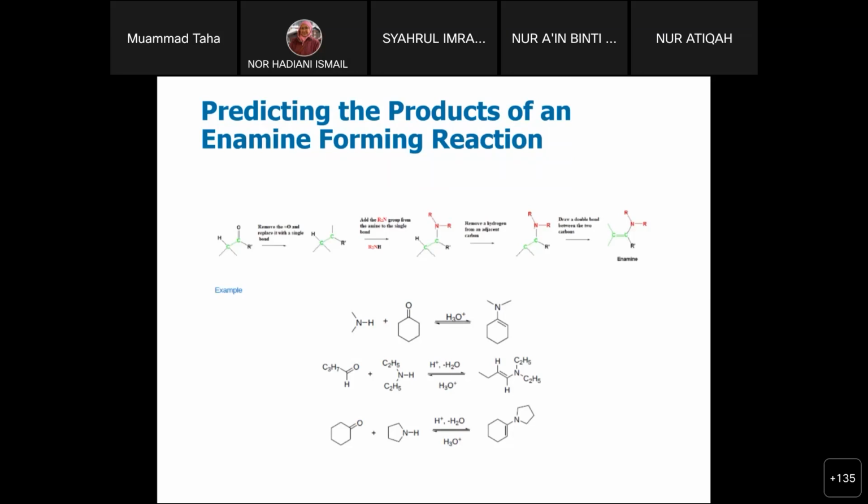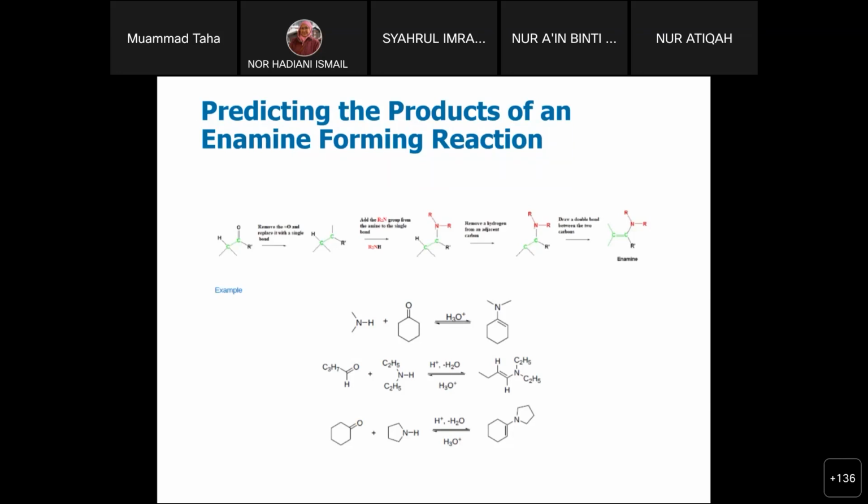And always remember that when the cyclic compound has a methyl group on the alpha position, this reaction is not possible. Can anybody give me the answer why this reaction is not possible? When this cyclohexanone has methyl on the alpha position, this reaction is not possible.